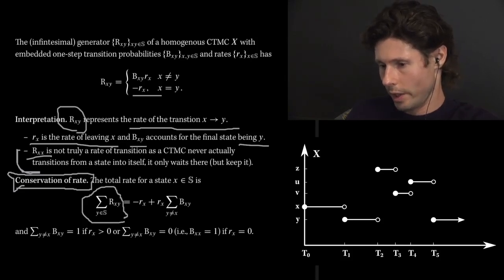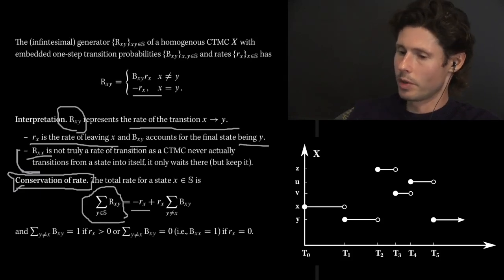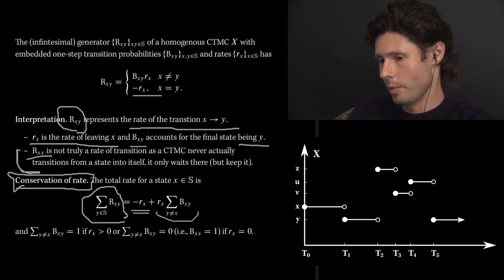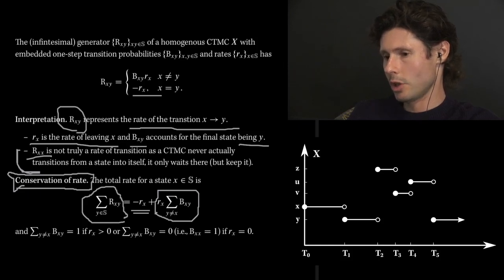The first term that we take out of the sum is the one corresponding to something that's not really a transition. So it's the one for y equals x, and it's equal to minus R_x. And the remainder of the sum is over all y not equal to x. Plugging in the definition of R_xy gives us R_x times this sum.